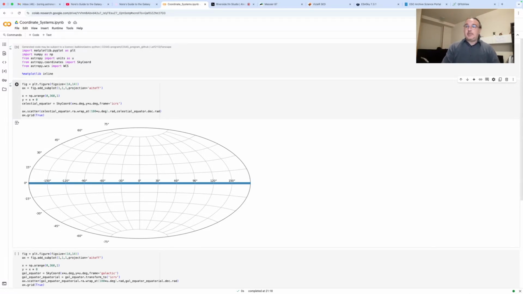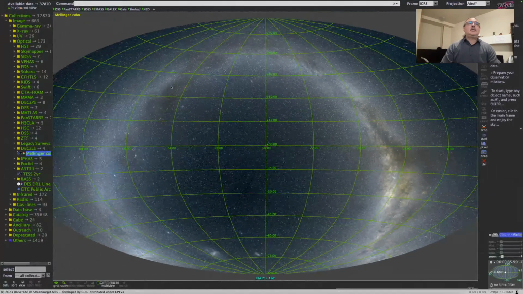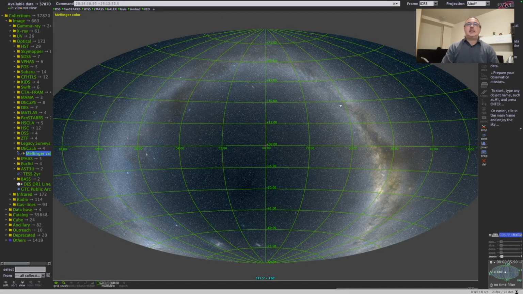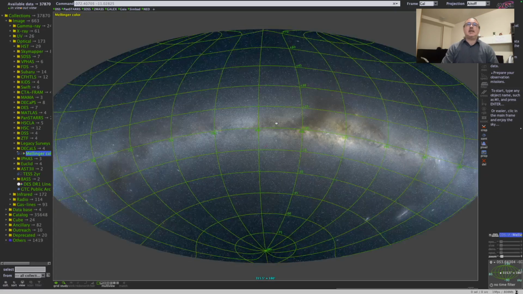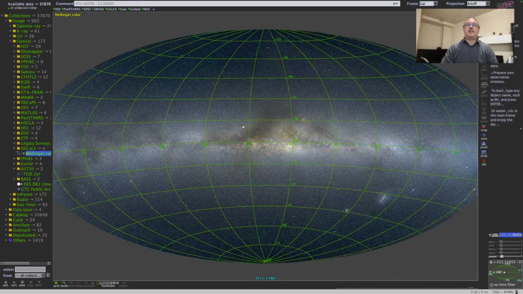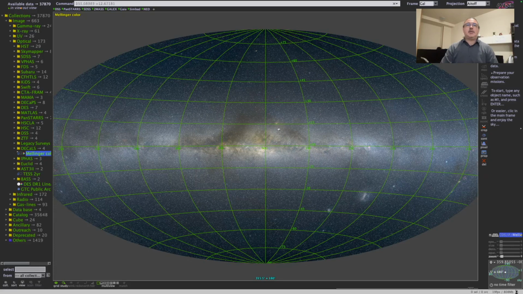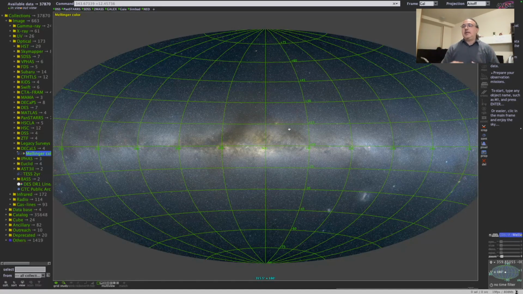You may have noticed that in the sky there is something else which is very obvious, and it is this thing here, which is the plane of the Milky Way. So if I ask Aladin to show me the sky in galactic coordinates, and we are going to make a video about galactic coordinates some other time, this is the sky in galactic coordinates.